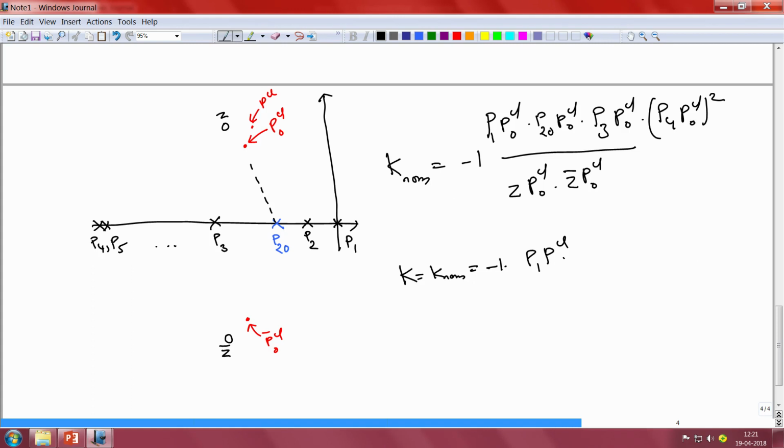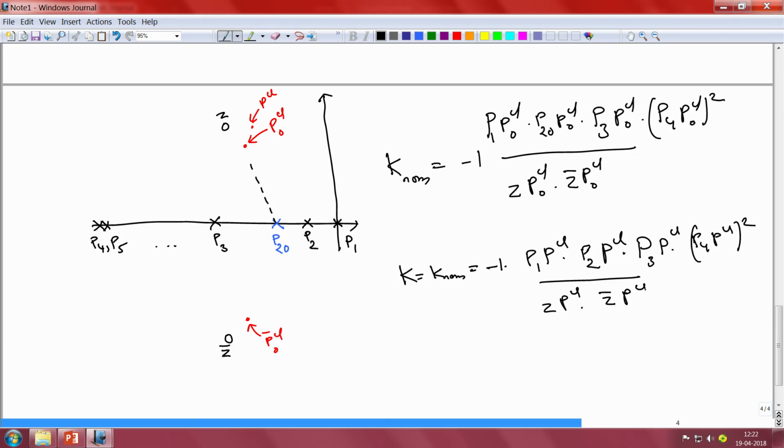Similarly, the complex number S plus P evaluated at the point PCL, where P is the point P2 here, is essentially going to be P2 PCL. So this is going to be the second complex number, and the third complex number is going to be P3 PCL, which essentially represents the complex number S plus 2 evaluated at the point PCL, times P4 PCL the square, divided by Z PCL times Z bar PCL.